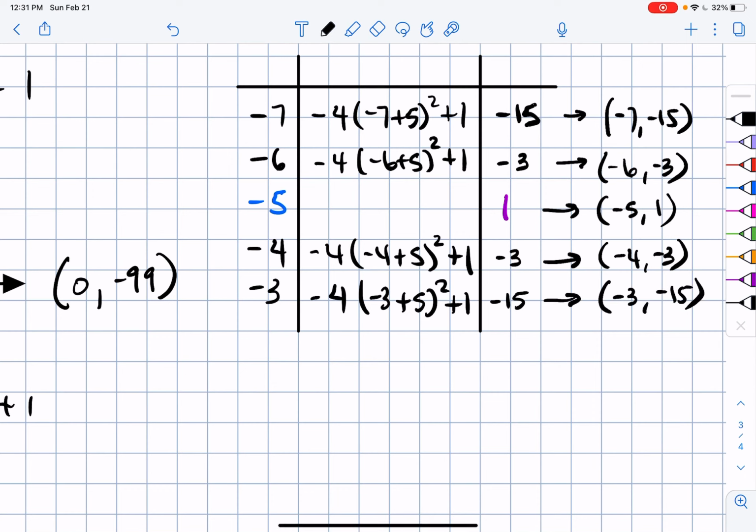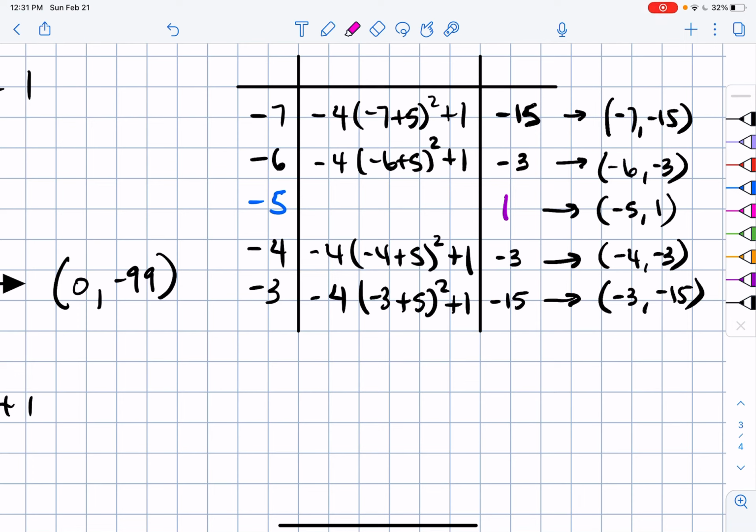Now, notice what happens with the y values, guys. The y value went from -15 and it ended up at -15. It then was -3, and the second to last is also -3. So in other words, from the vertex, both sides of the vertex act the same way in terms of the y value. So please remember that.